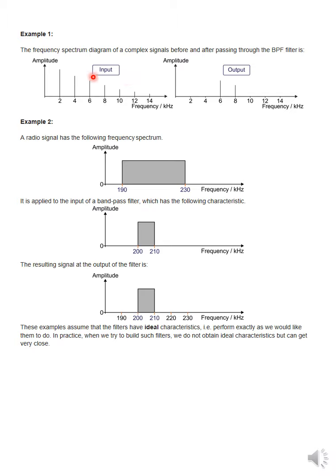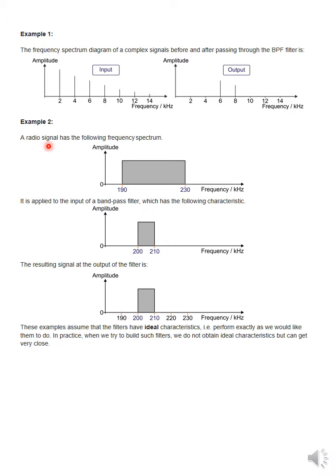Frequencies below 4.5 kilohertz or above 9.5 kilohertz are blocked, with no trace of them. It will pass all the frequency components between this range, and the remaining on this side and that side are blocked.